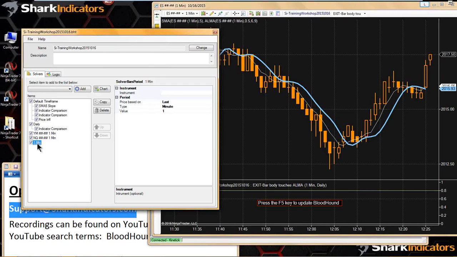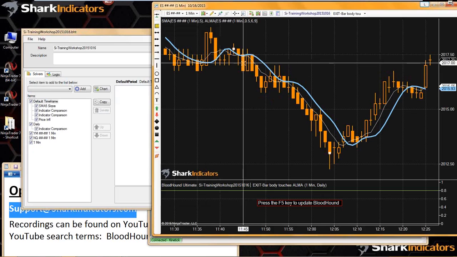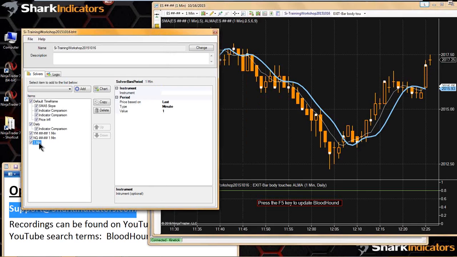They're both 1 minute, so this would put unnecessary CPU requirements onto NinjaTrader. NinjaTrader is already calculating this 1 minute data on the chart, and then since BloodHound is also asking for a 1 minute chart, that's going to tell NinjaTrader, well, hey, go out and build a secondary 1 minute chart so that BloodHound can get this 1 minute chart.